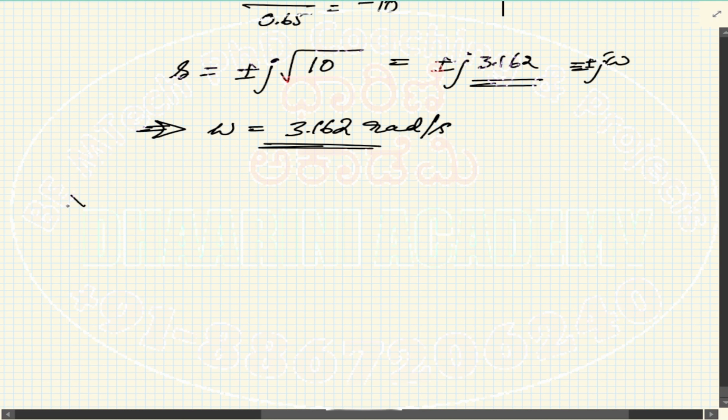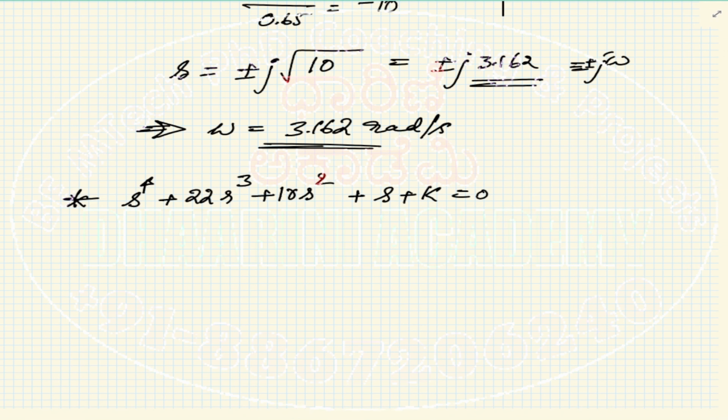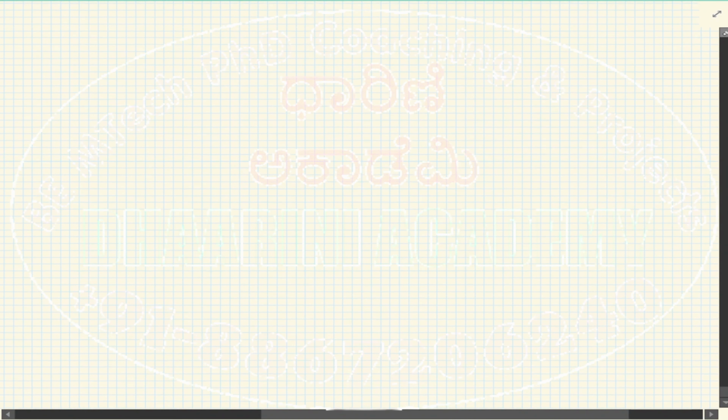Okay, let's go to the next question based on the same concept. This is s to the 4 plus 22 s cube plus 10 s square plus s plus k is equal to 0. The question remains the same: find the range of k for which the system is stable, and also find the marginal value of k and the frequency of sustained oscillations. We'll start in the same format, with the RH criteria.